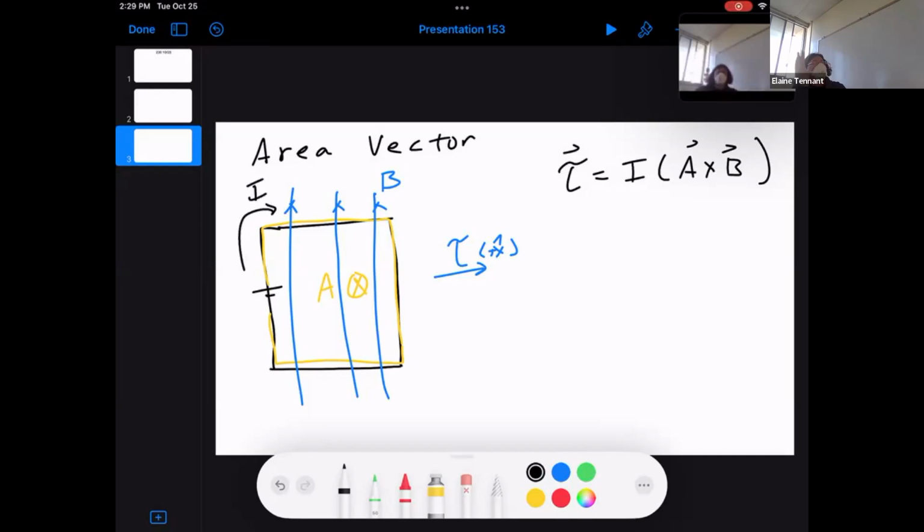If you take your right hand and curl your fingers around in the direction of the current, you'll note that your thumb is pointing into the board. Curl around, into the board. Sound okay? And so if you have a loop of wire carrying a current, the direction of the area vector will be whichever way the current's going.